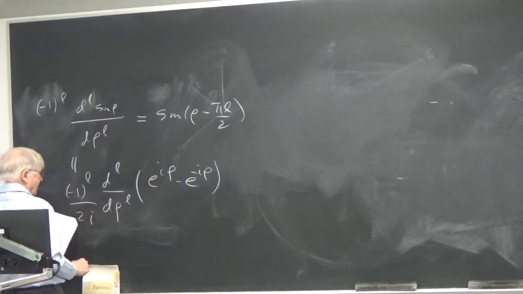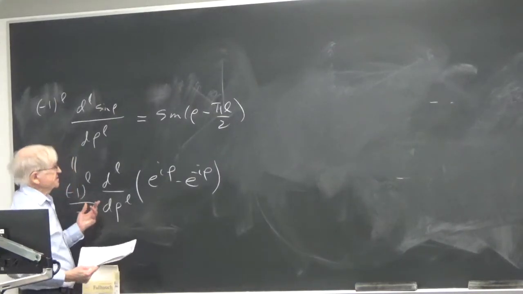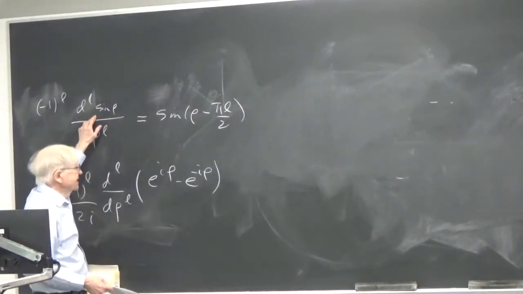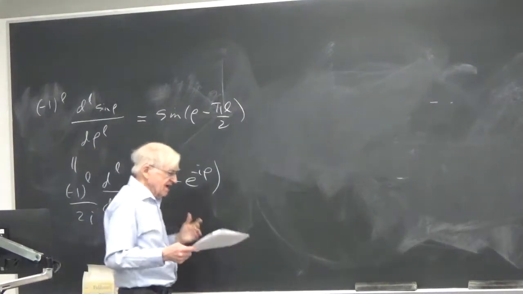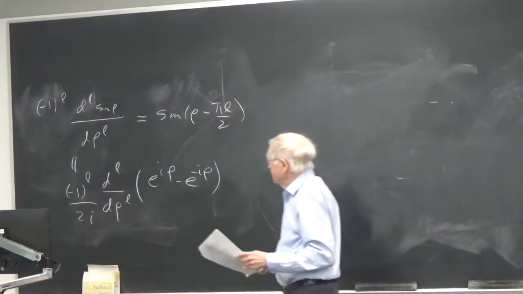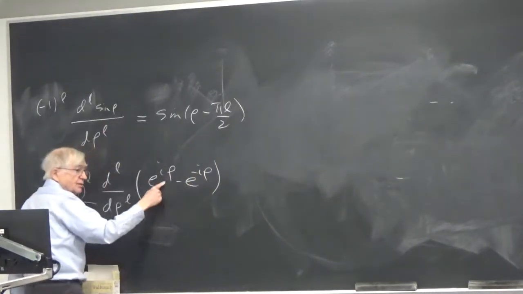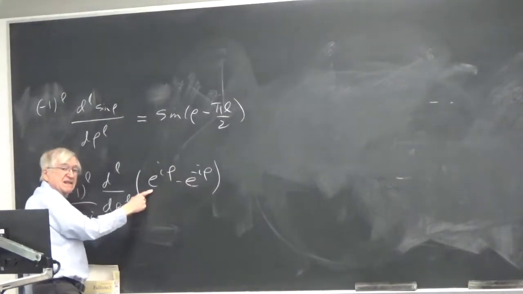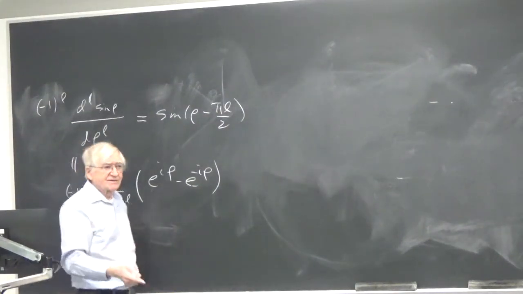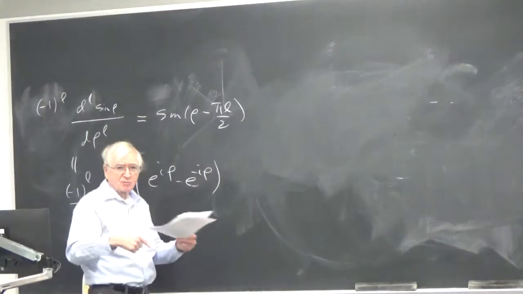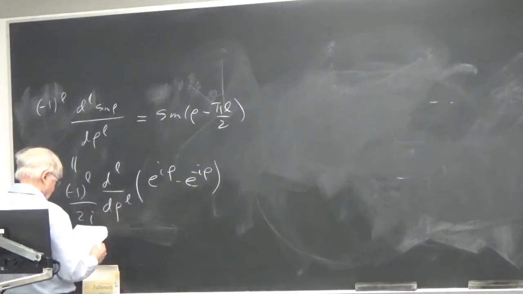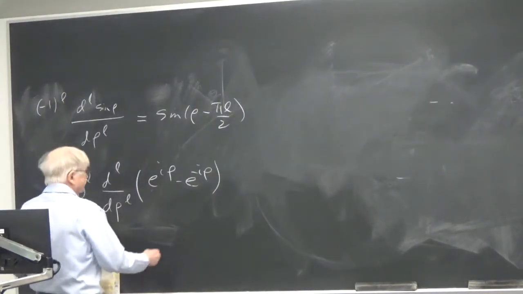By the way, this is one trick that you should keep in mind: if you're asked to do something complicated with a sine or a cosine or a cosh or a sinh, it's usually a good idea to go quickly to the representation in terms of things that are easy to differentiate and integrate, rather than to deal with something that changes from sine to cosine and has unpredictable minus signs coming in. Well, they are predictable, but it's not a trivial matter.